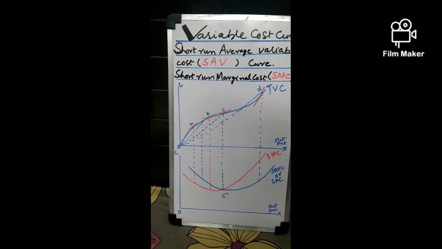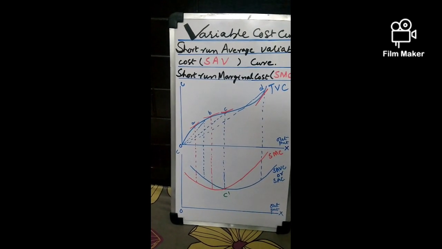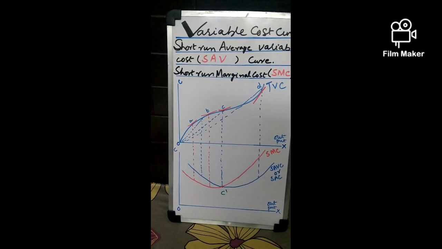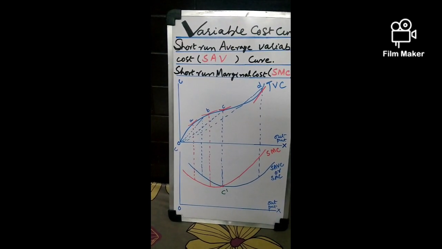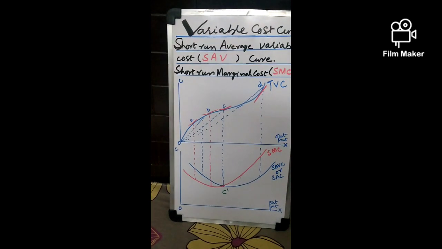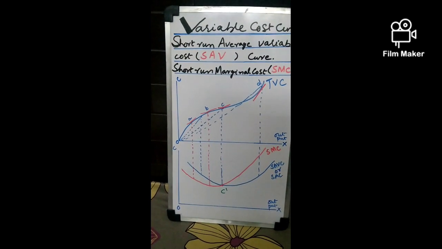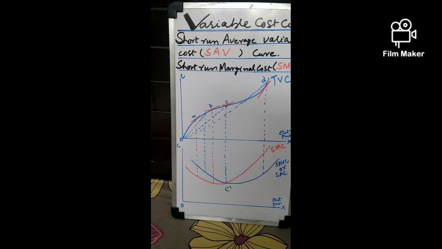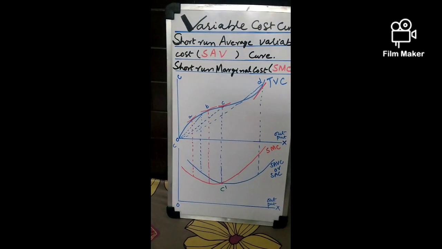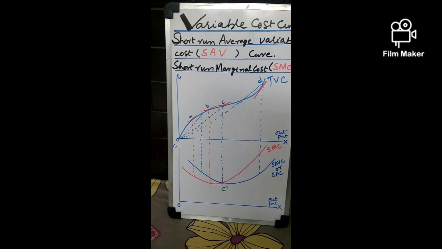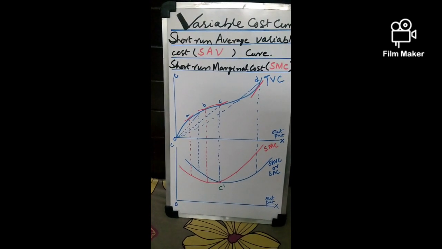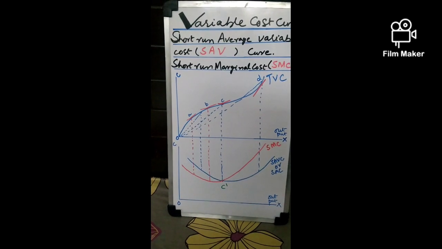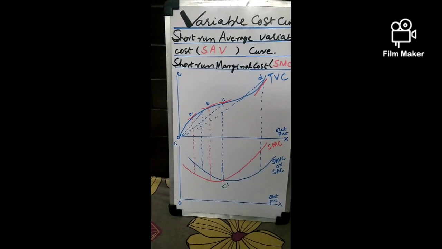The short run average variable cost curve is U-shaped. Initially, when output increases, the per unit cost of production decreases, so the curve is downward sloping below the point C dash. Then the cost reaches its minimum point at C dash, and then it starts rising because the per unit cost of production increases.